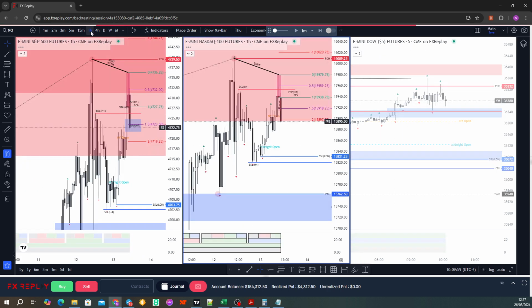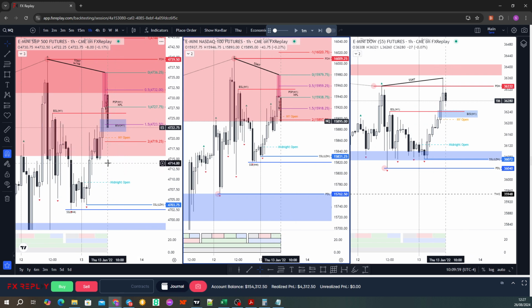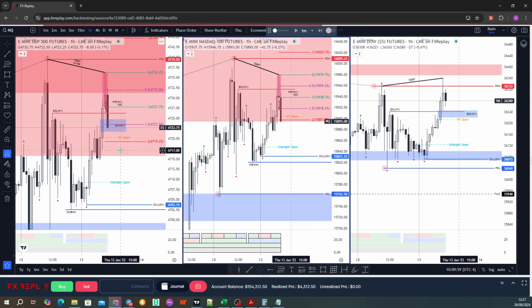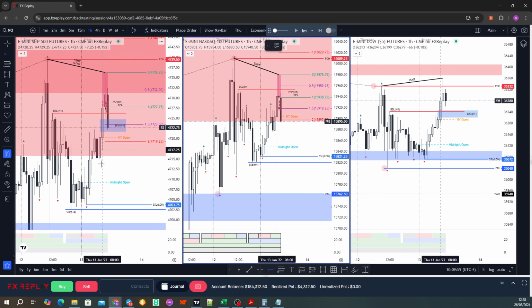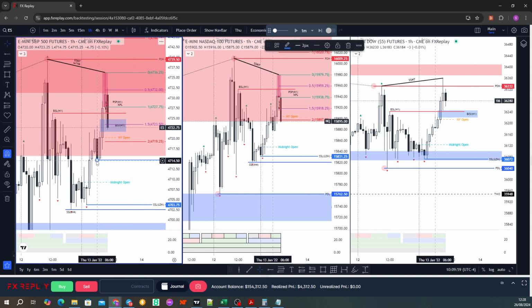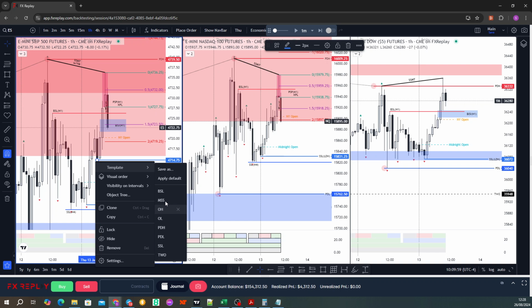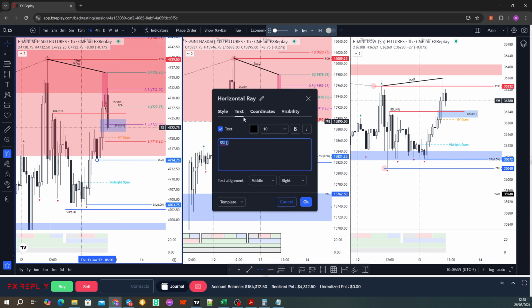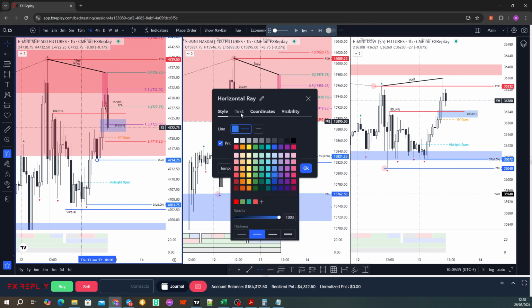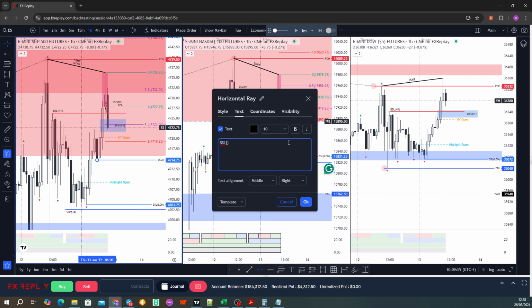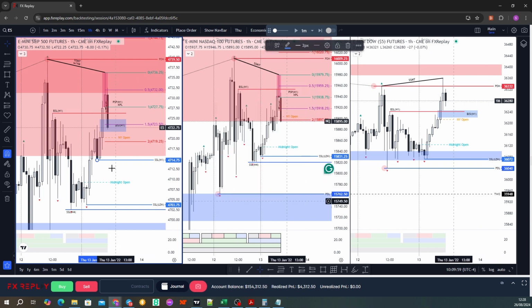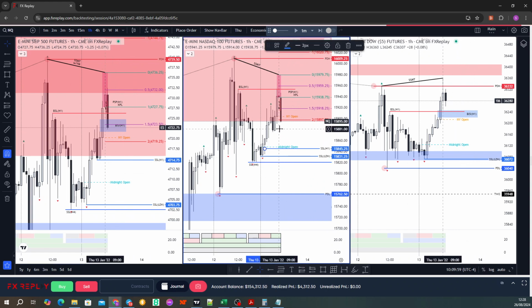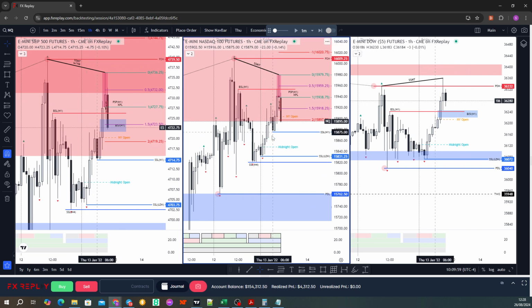Just going to check the hourly again. Important to note this level. Okay, that's a reflection point that is worth noting.